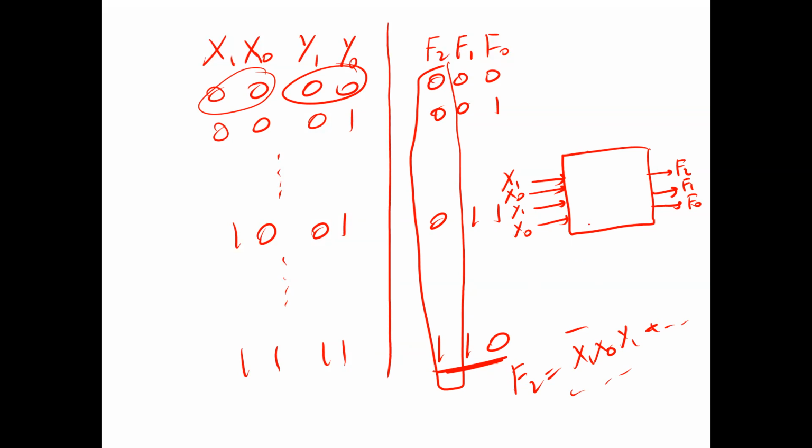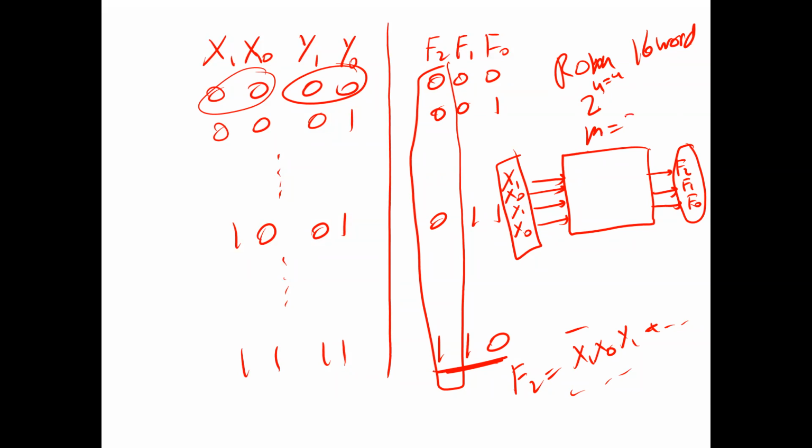Now, if you want to implement it as a ROM, check the number of inputs. I have 4 inputs. That means I need to create a ROM with the size of 16 words. Why? Because this should be 2 to the n, and n here is equal to 4. How many bits for the output? That's 3 bits.